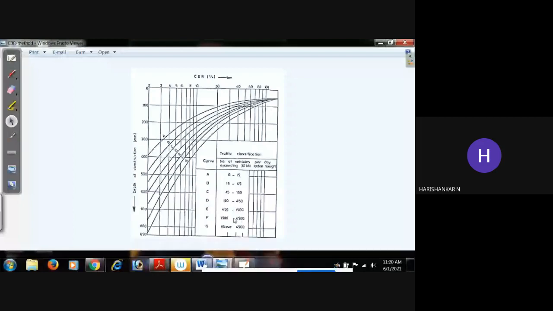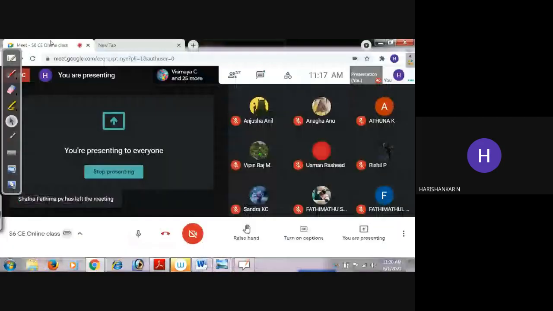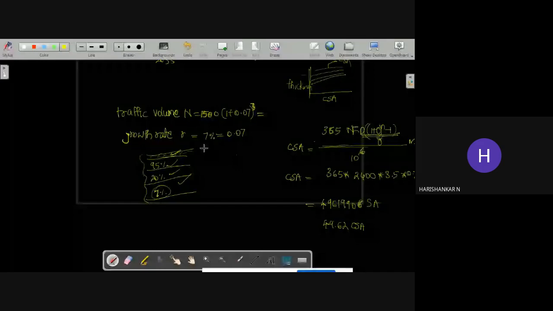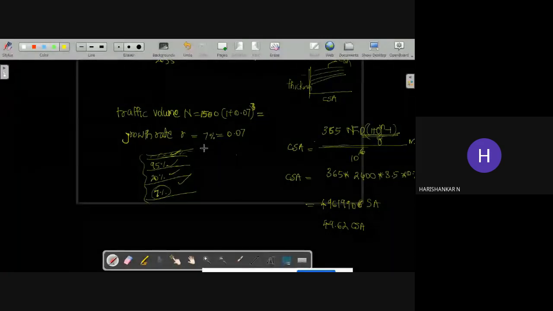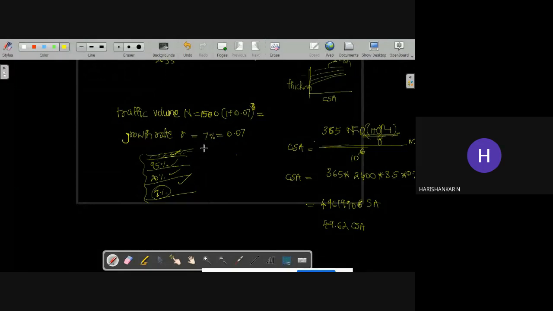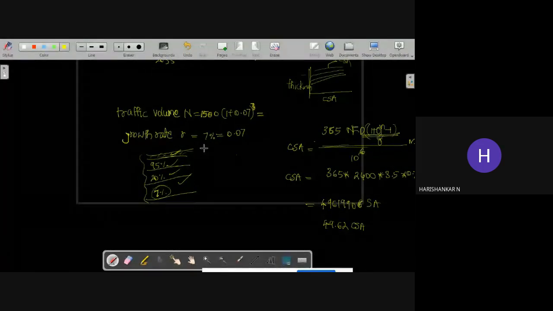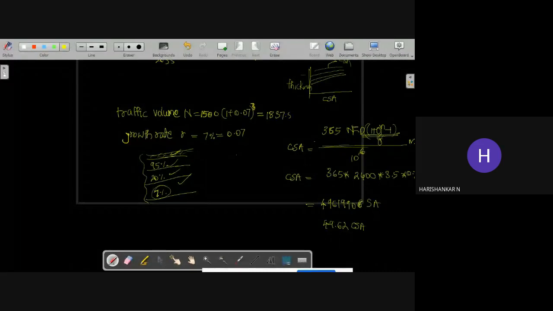It will be in between these two, in the range of F. We can have that value. 1,500 into 1.07 whole cube, which is 1837.56. Okay, I hope you got this. Anyone?